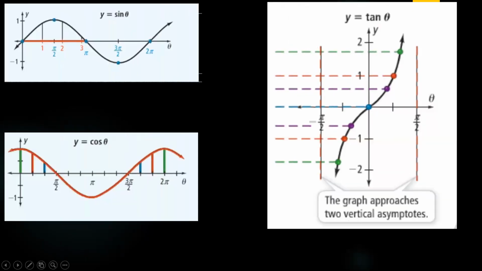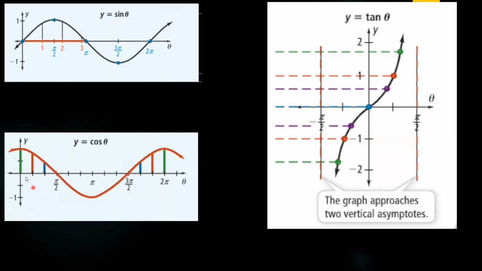Now let's talk about the cosine. Cosine of 0 is 1. Cosine of pi over 2 is 0. Cosine of pi is -1. Cosine of 3 pi over 2 is 0. And cosine of 2 pi is 1.